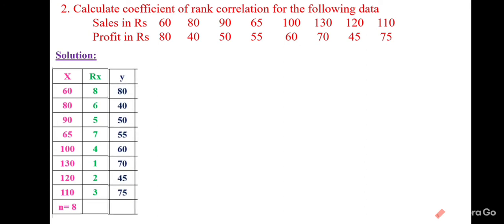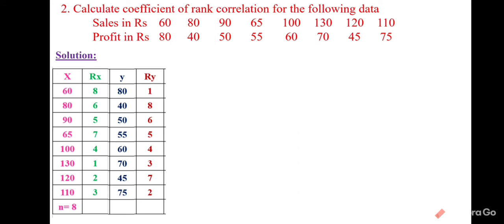Then the y values are 80, 40, 50, 55, 60, 70. For this in decreasing order, you can check: 80 is 1, 75 is 2, 70 is 3, 60 is 4, 55 is 5, 50 is 6, 45 is 7, 40 is 8.